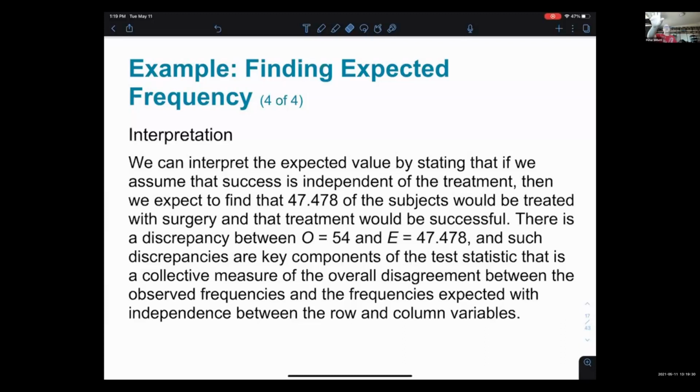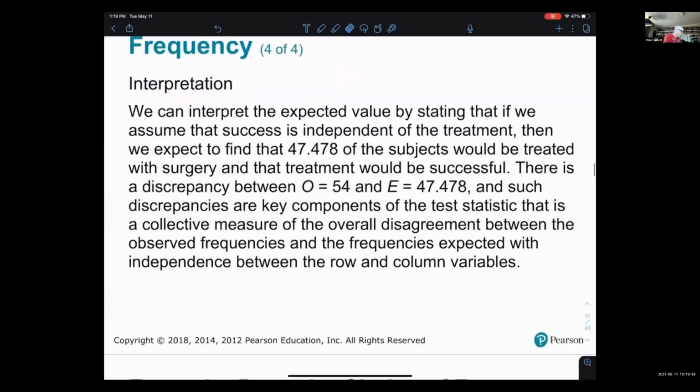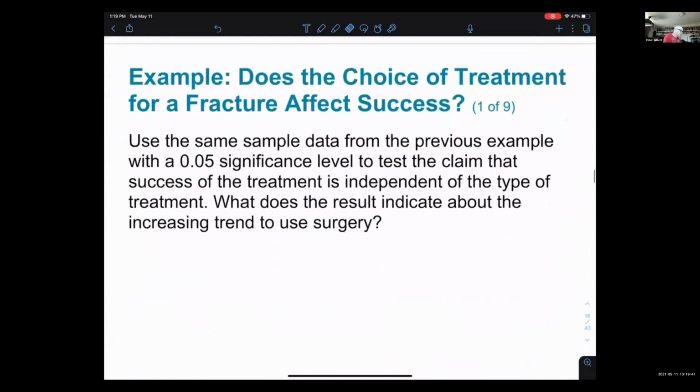So these first 4 slides just focus on the idea of a contingency table and observations compared to expected values. So with that comparison in mind, we could say, does the choice of treatment for a fracture affect success? And now there's another 9 slides to push forward with the idea of how we would test that.